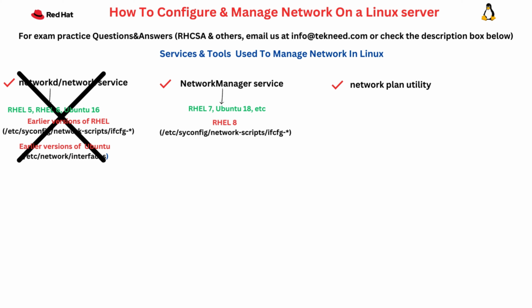As a matter of fact, for RHEL 7, you could use both the network D service and the Network Manager service concurrently to manage your network. On the other hand, Ubuntu adopted another location for managing network with the Network Manager service, which is /etc/NetworkManager/system-connections.